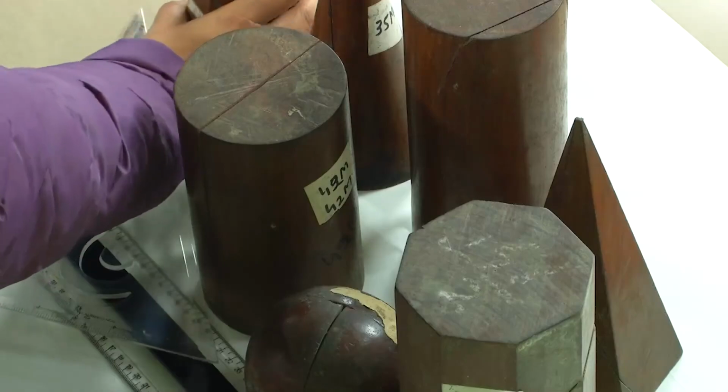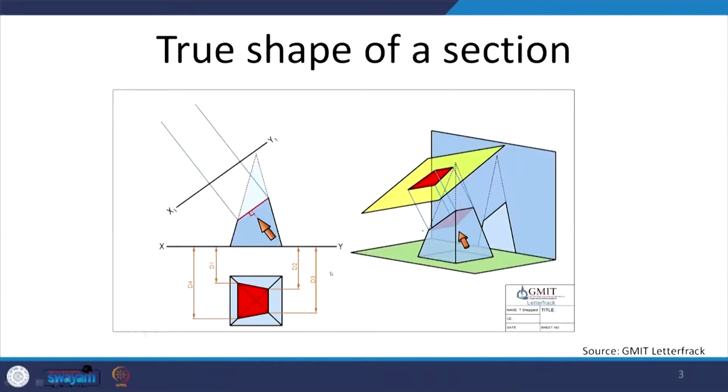So, we need to know the true shape of the section, and always the true shape of the section will be seen in a plane which is parallel to this section plane.